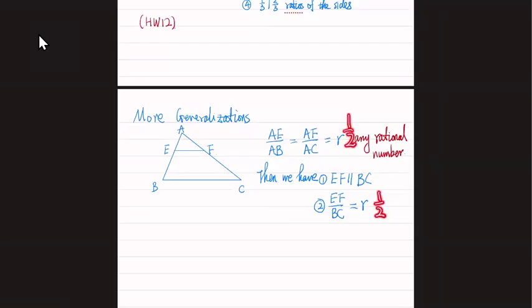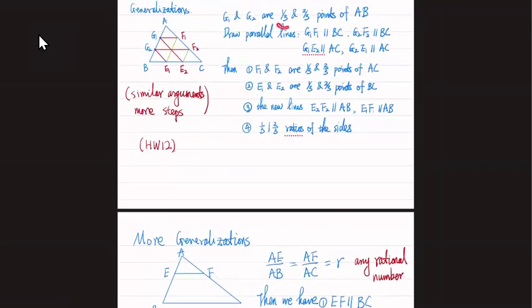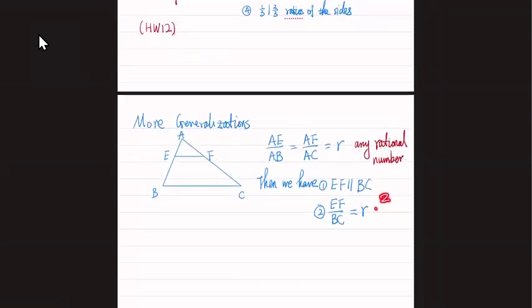That's our midpoint theorem. We proved it. If this is 1/3, this is 1/3, this is the previous one. 2/3 also works. So we tell ourselves the same argument works.